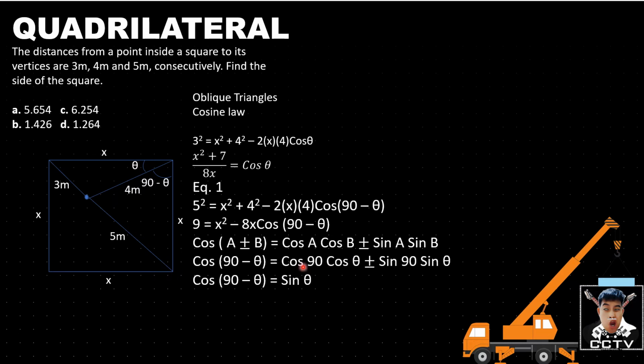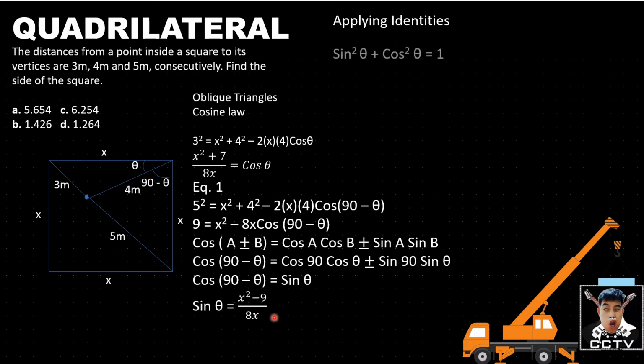At alam natin na cosine 90 is 0. Of course, may matitira dito is, at ang sine 90 naman is 1. So, of course, matitira dito is sine theta. I mean, this one is negative 1. And you'll get here, ito nga.